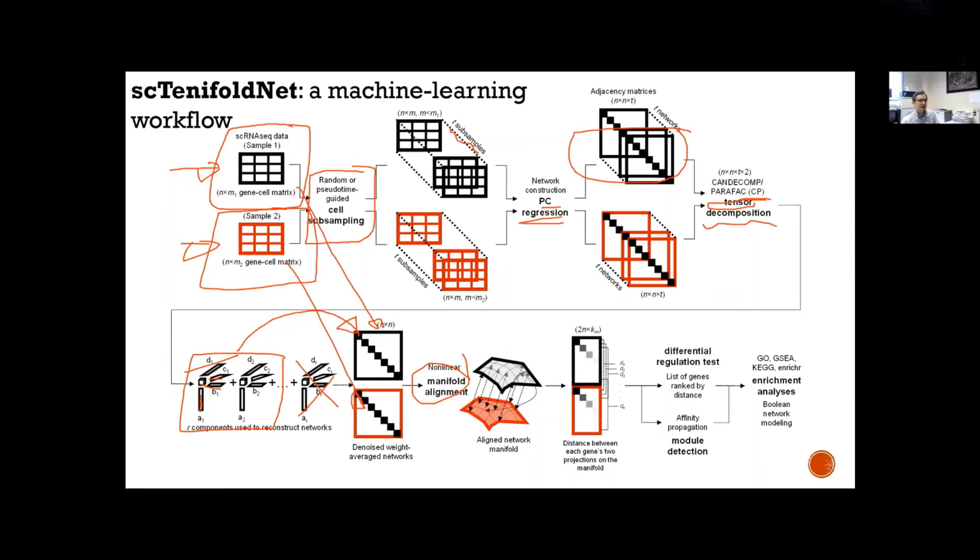Then you can enrich those genes and see what the function of those genes is. In the end, you will see in these two samples what gene expression change really matters in terms of gene regulatory network change, influencing a lot of other genes as well.